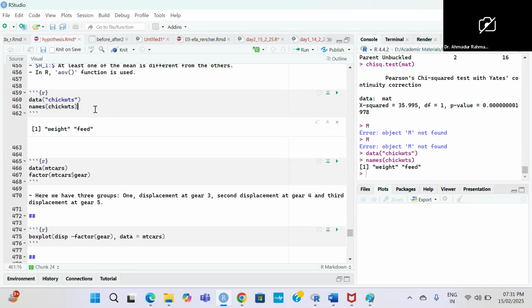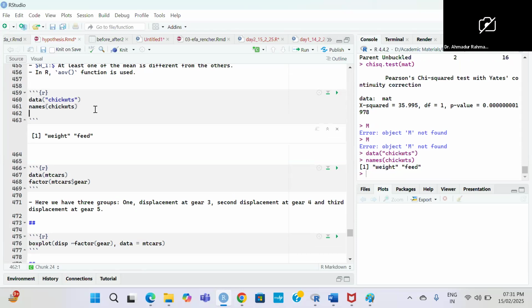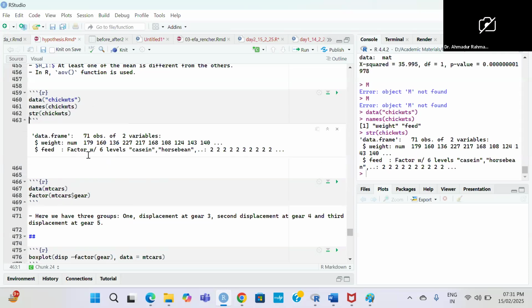We print it to check the structure, which shows us the types of data. These are the names of the variables, weight and feed. The first column is numeric, and the second one is a factor.